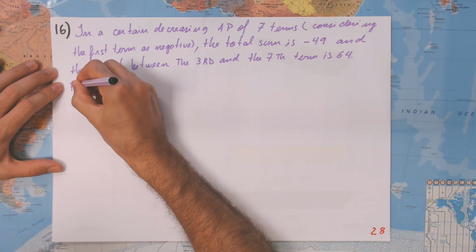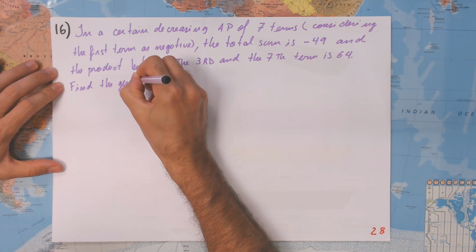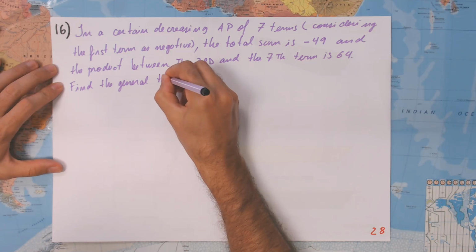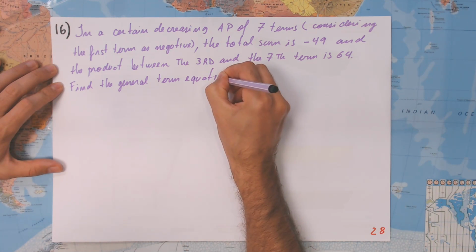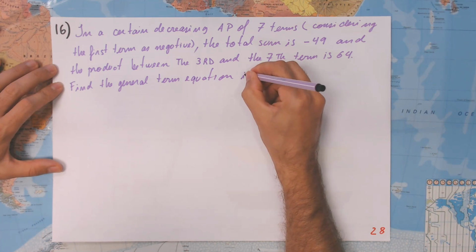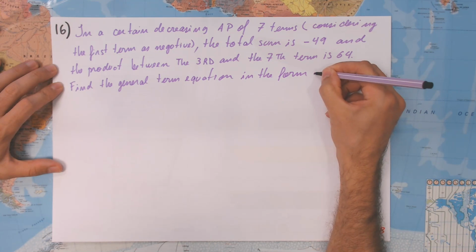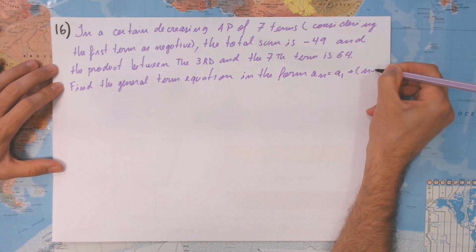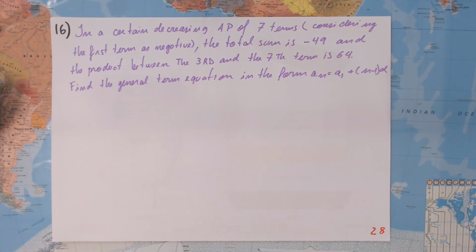Find the general term equation in the form a sub n, it is a1 plus n minus 1 times z. Okay, that's what I want you to do.